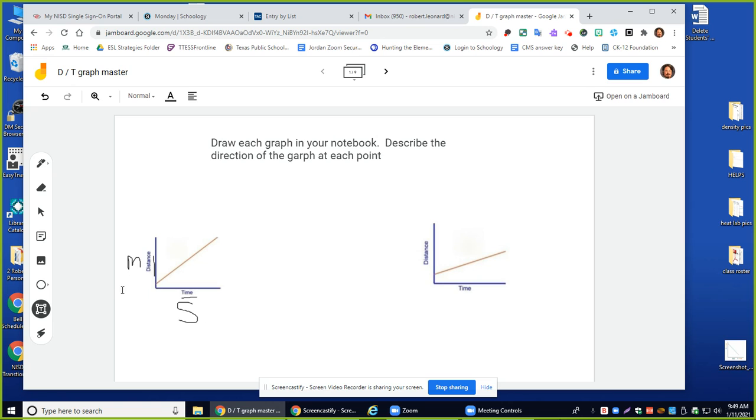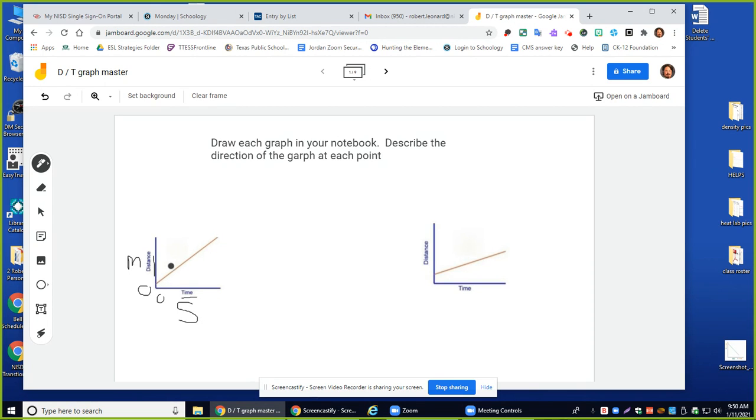what can we say about this? Well, distance is always on the y-axis and time is always on the x-axis. If I had units on here, this right here would be 0 meters and 0 seconds. So first thing, is it moving towards 0 or away from 0?